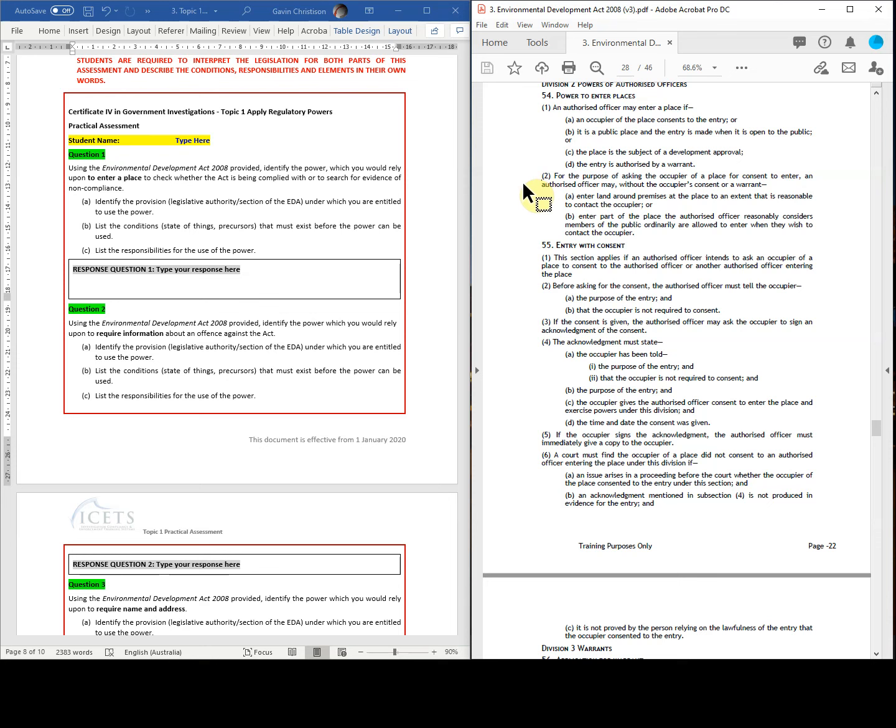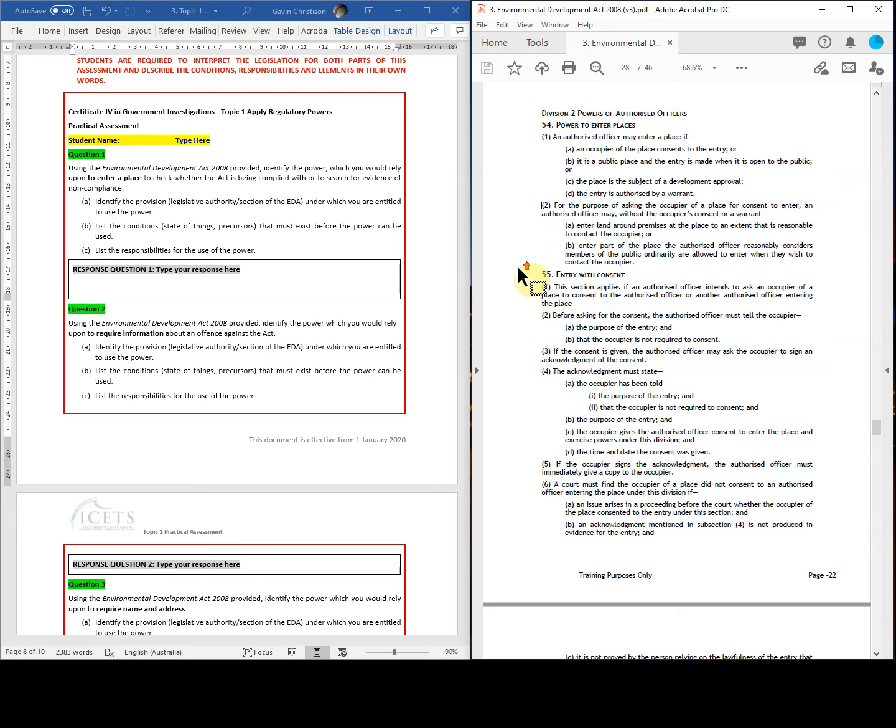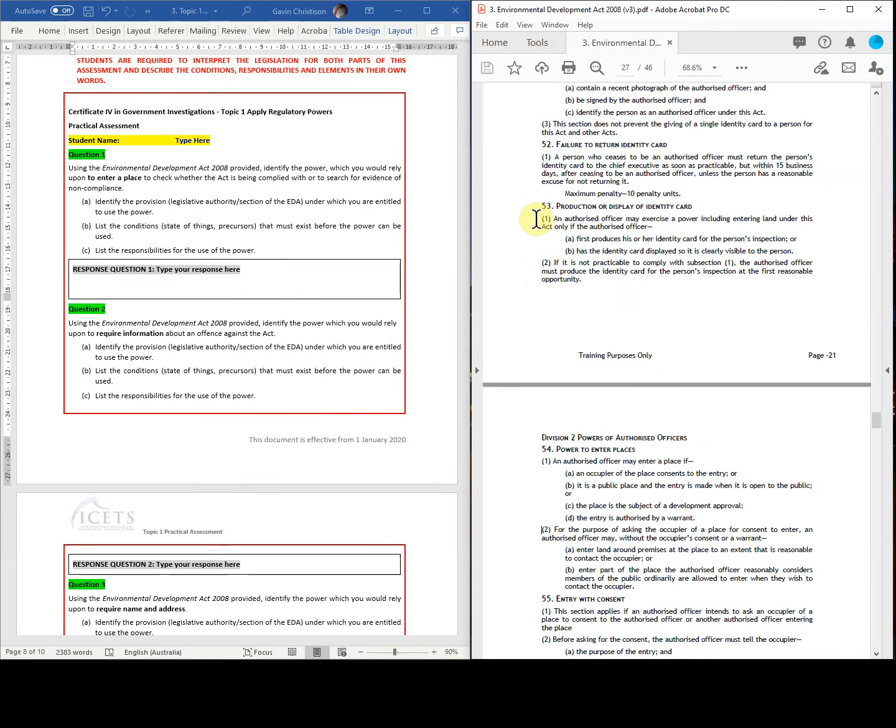However, a common responsibility for every use of every power is a responsibility to identify yourself as an authorised officer. If we look at section 53 of the Act, section 53 says produce or display identity card. An authorised officer may exercise a power including entering land under this Act only if the authorised officer first produces his or her identity card for inspection or has the identity card clearly displayed.